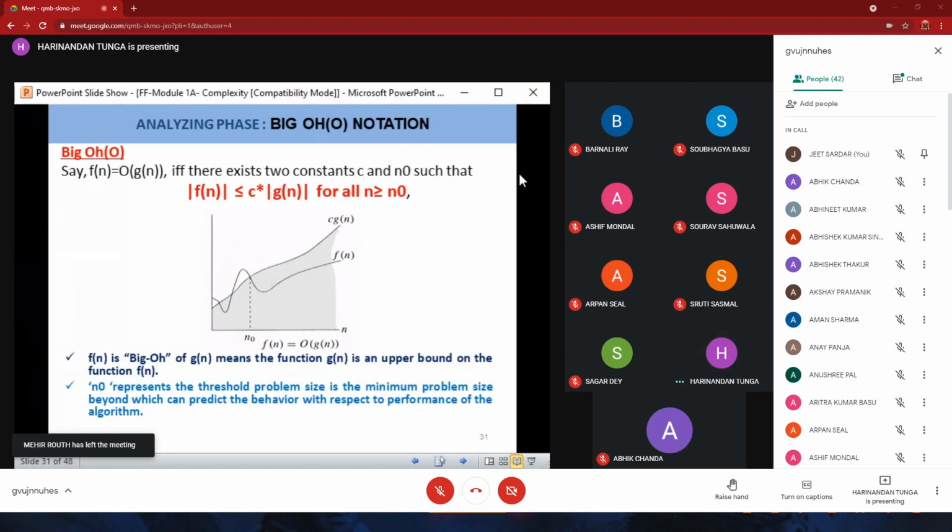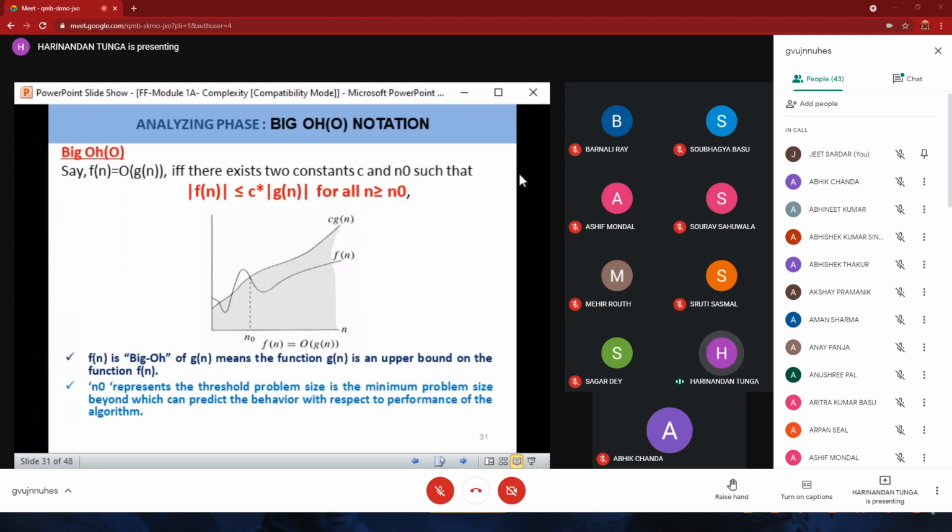In this slide, one graph representation is there. Look at the graph. There are two functions f(n) and g(n). Remember, these are positive real functions. What is the condition to express f(n) equal to order of g(n)?